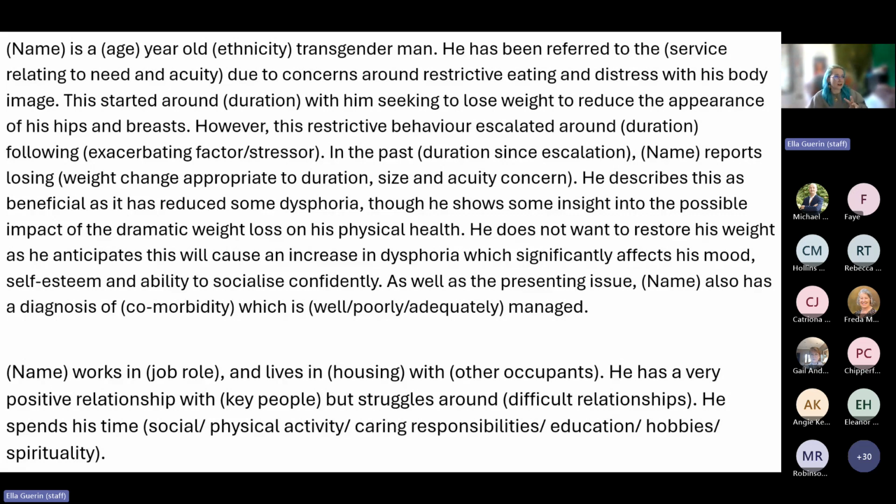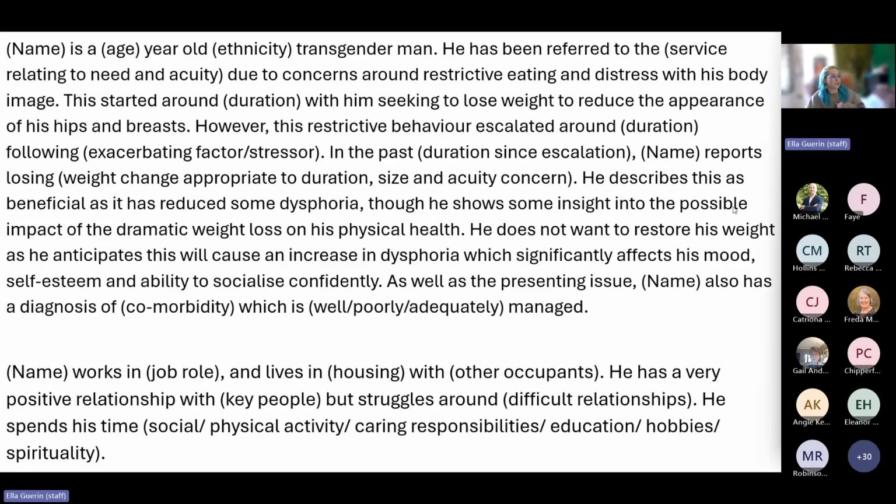This started around, it's long term, we're going to go with 2 years ago, with him seeking to lose weight to reduce the appearance of his hips and breasts. However, this restrictive behaviour escalated around 6 months ago, following some sort of stress factor. Now, we didn't identify what that stress factor was, but we could say increased workload associated with his studies.